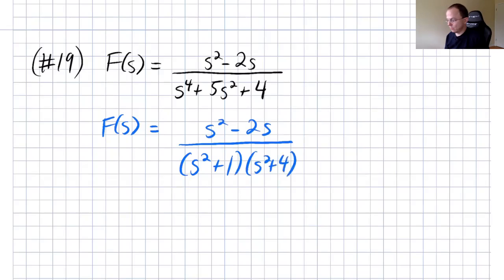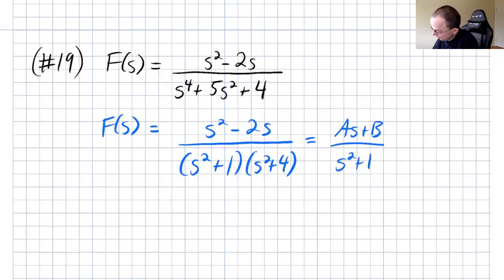Okay, so this is going to be a simple as plus b over s squared plus 1. So these are not repeated this time, so we just need to have a single term for each one. And then cs plus d over s squared plus 4.